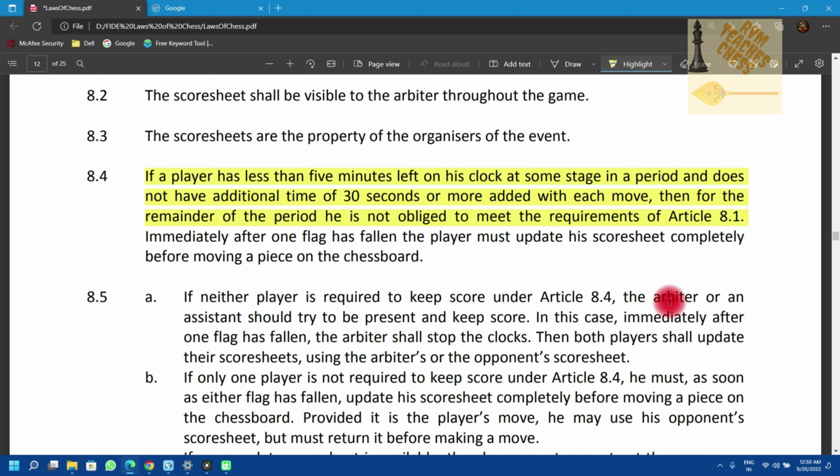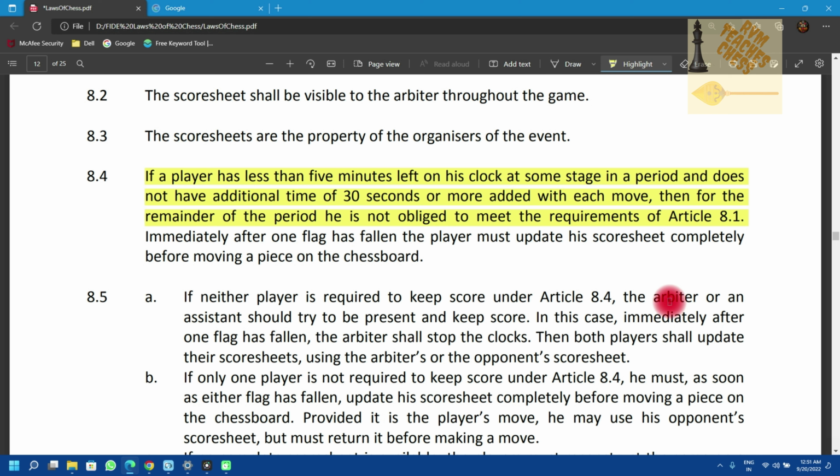Which means that if you're playing a tournament with a time format which has no increment, then you're not liable to continue writing the score sheet when you have reached your last 5 minutes on your side of the clock. If you have only 5 minutes left on your clock, and if it is not an increment mode, then you're not obliged to continue writing the notation. You are free to stop writing and completely focus on the game.